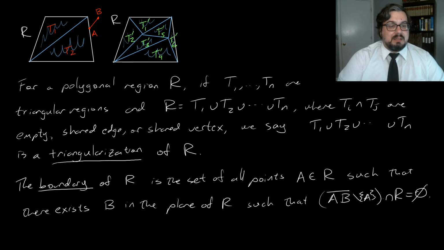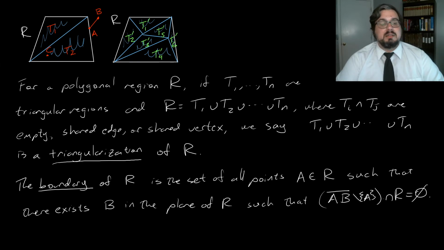On the other hand, if I took a point C here, this point C is not in the boundary of R, because no matter where I draw a segment with C as one of its endpoints, it's going to include some points that are in the region R other than C. And so C isn't on the boundary.